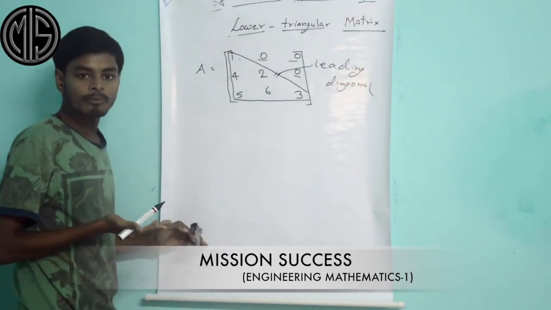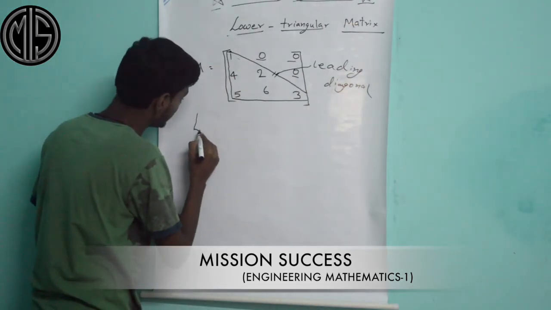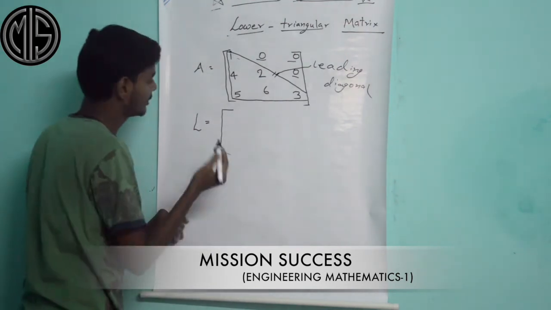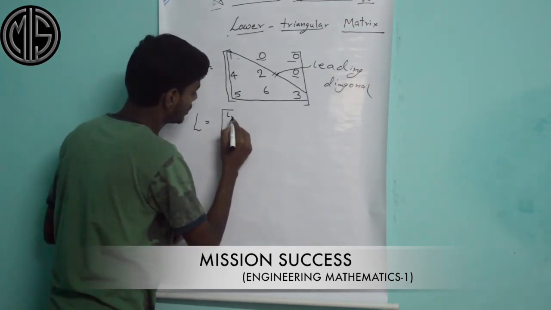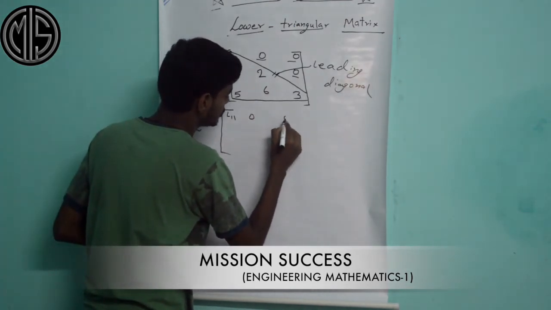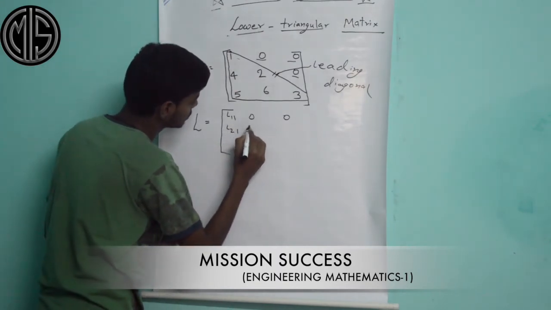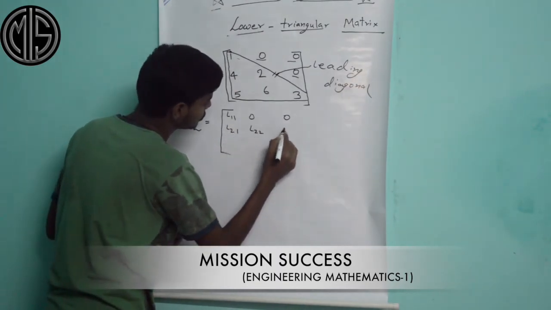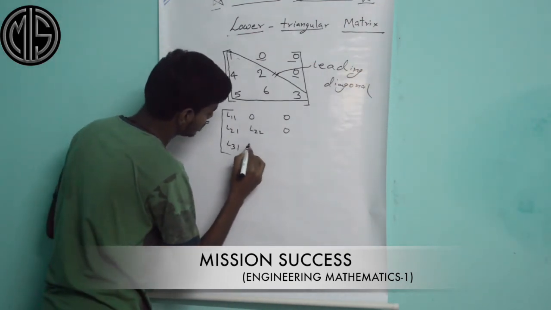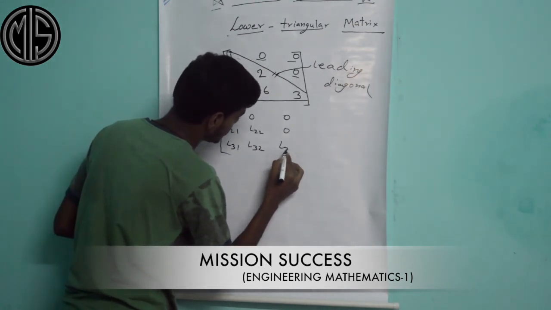In symbolic form, we can write it as L is equal to L11, 0, 0, L21, L22, 0, L31, L32, L33.